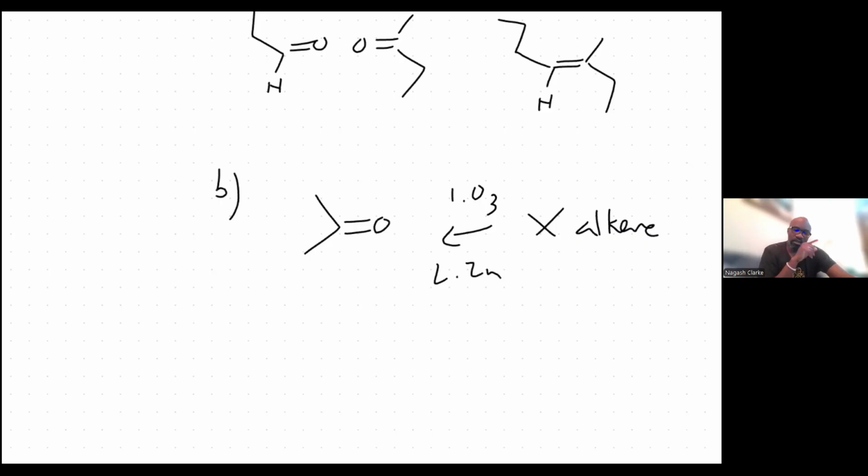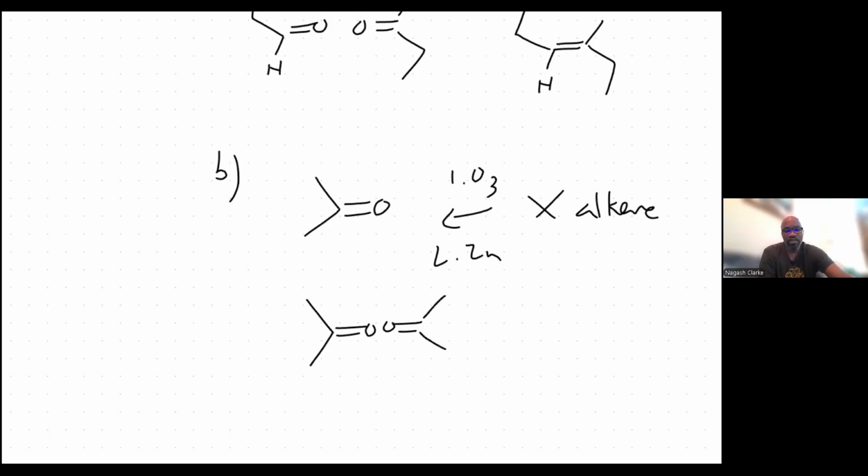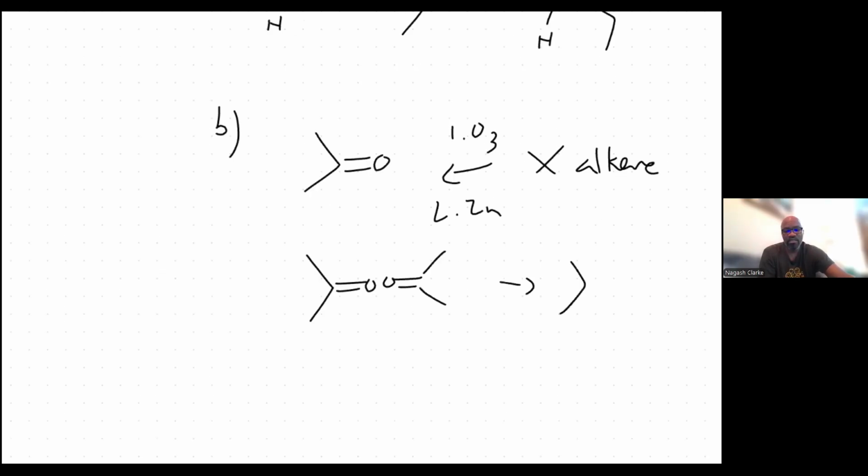Even though most people think left to right with reactions, but we're allowed to. So I will just put both. This is acetone, by the way. Both of those together, and so the alkene looked like this, because when we split it, we got the same thing. So therefore it's symmetrical.